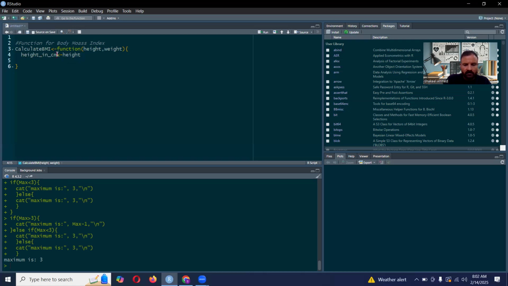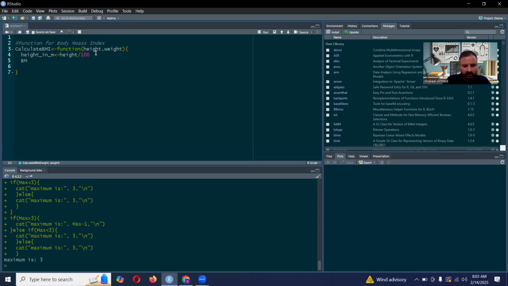Sorry, we are given height in centimeters. Mostly people know their height in centimeters, so we will get the height in centimeters, and you can divide by 100. You will get the height in meters.